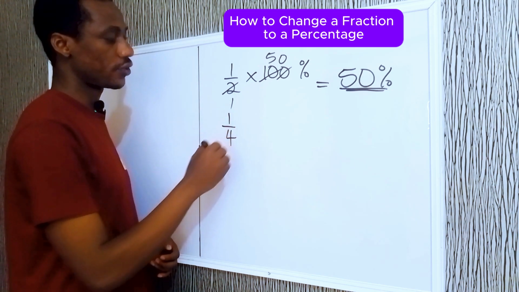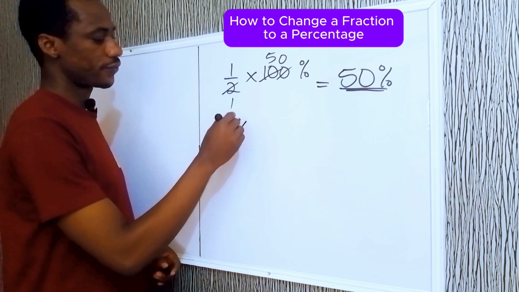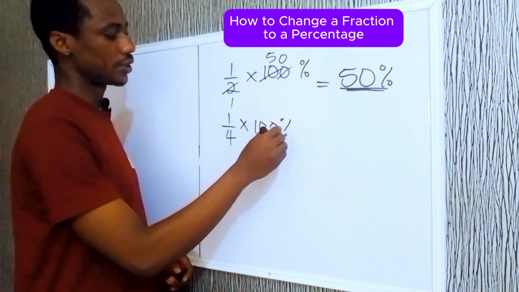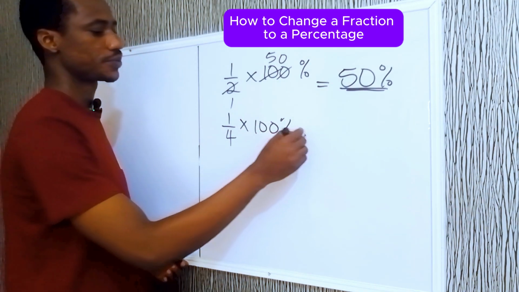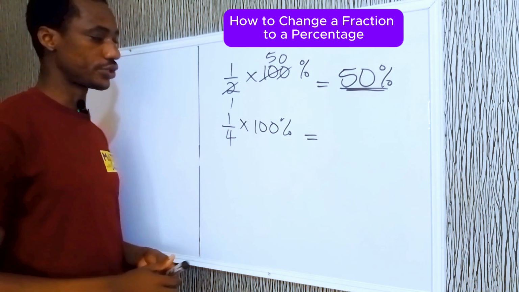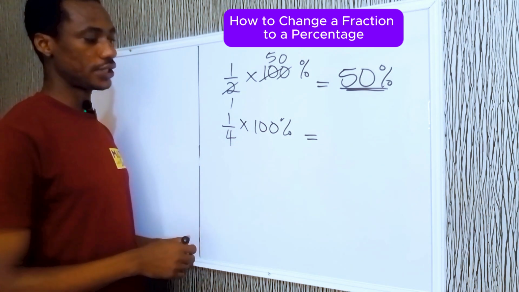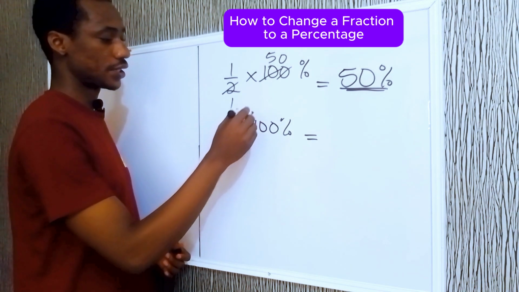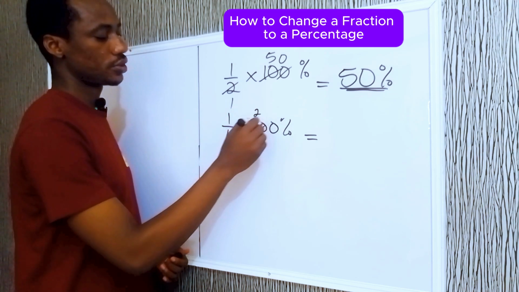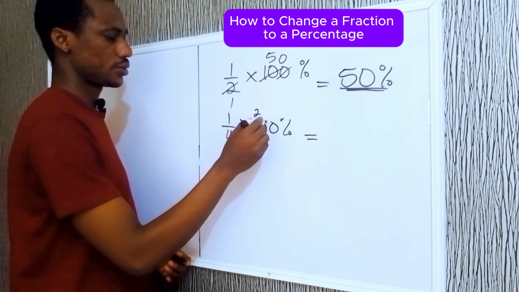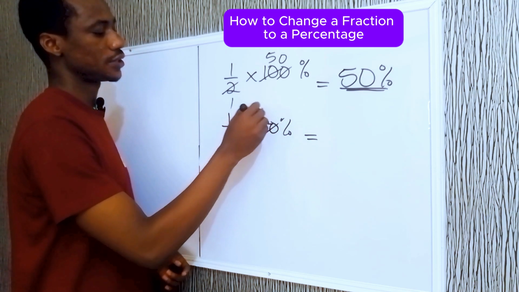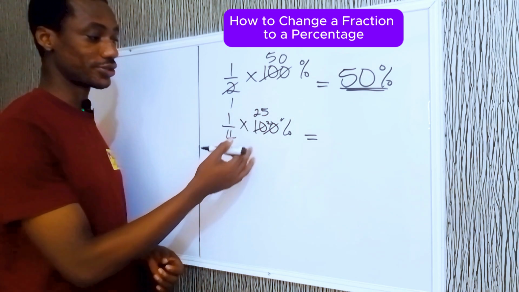Take 1/4. So 1/4 times 100, I'm taking it to percentage, right? So I take 4 in 100. 4 in 10 is 2, remainder 2. So 4 in 20 is 5. You see I'm using my short division.